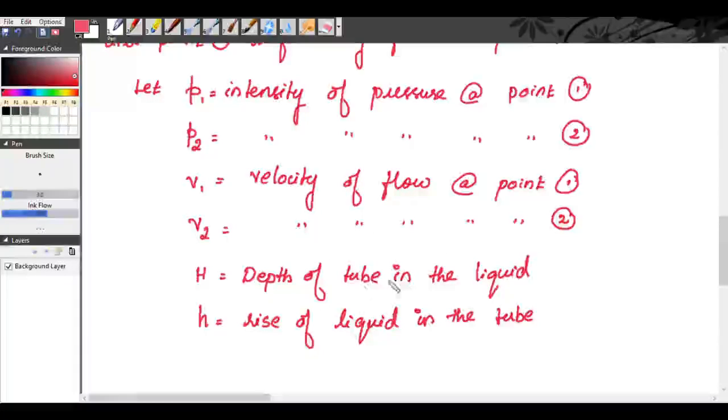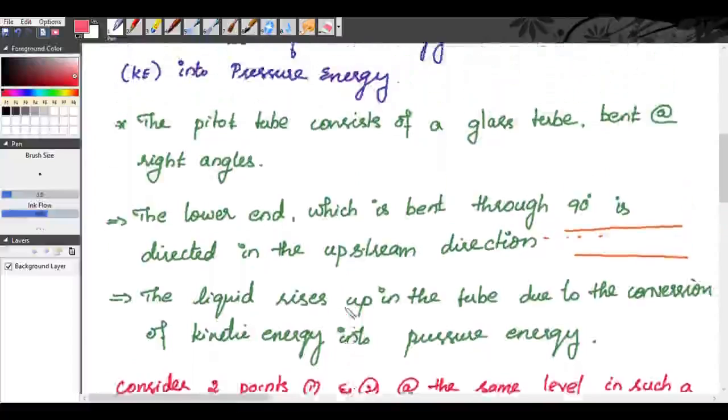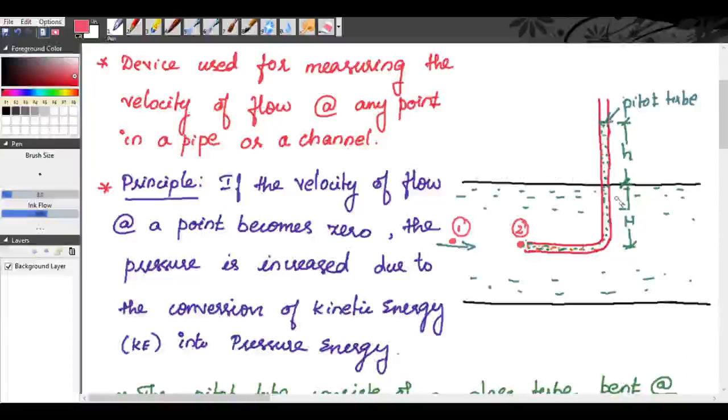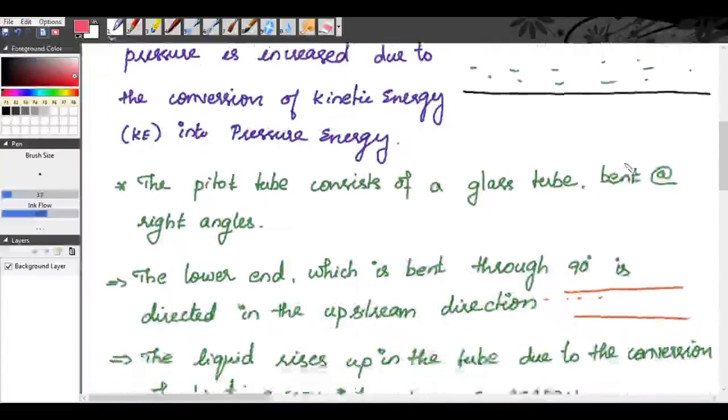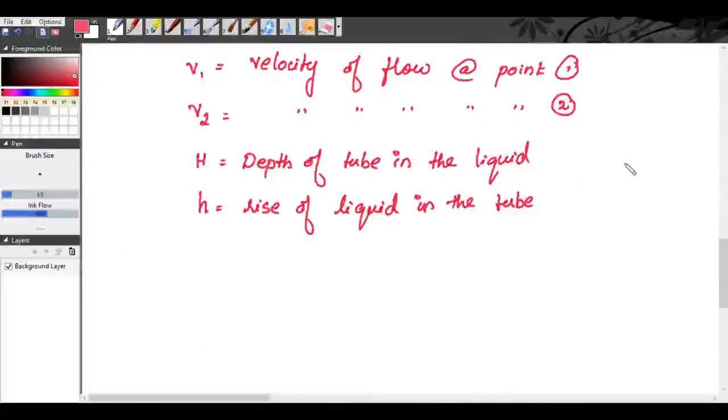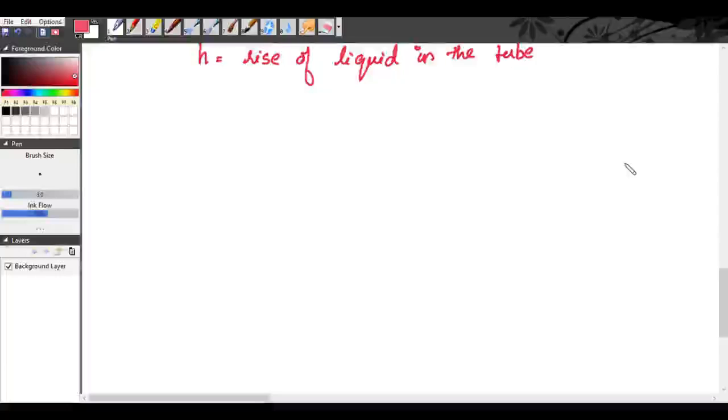Capital H is the depth of the tube in the liquid, inside the pipe, and small h is the rise of liquid in the tube above the free surface. Now we will apply Bernoulli's equation at point 1 and 2.